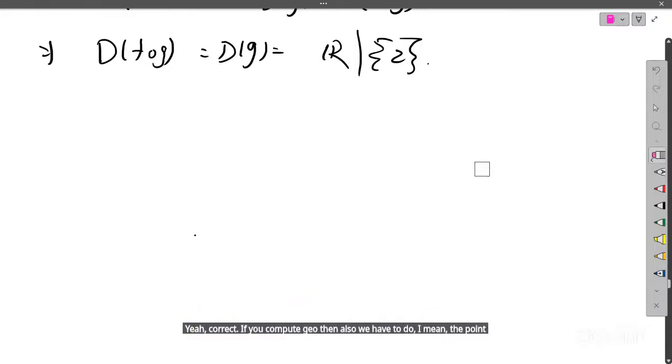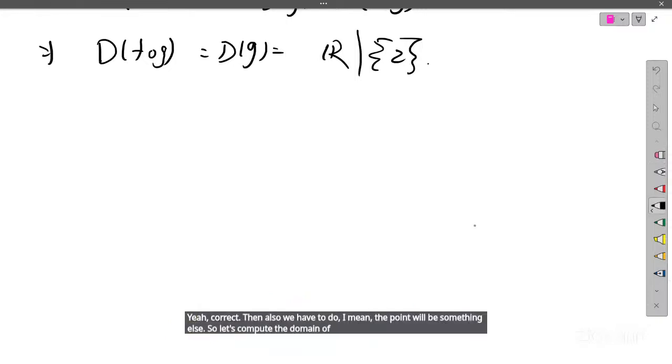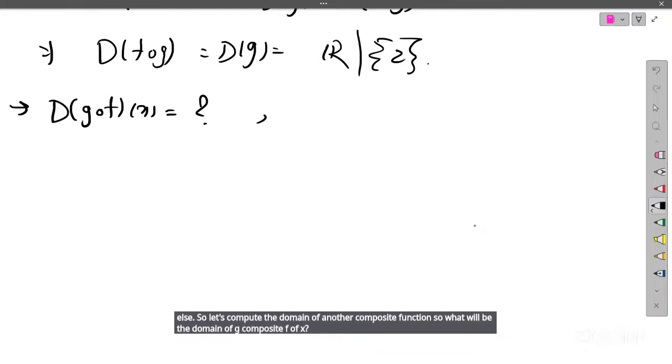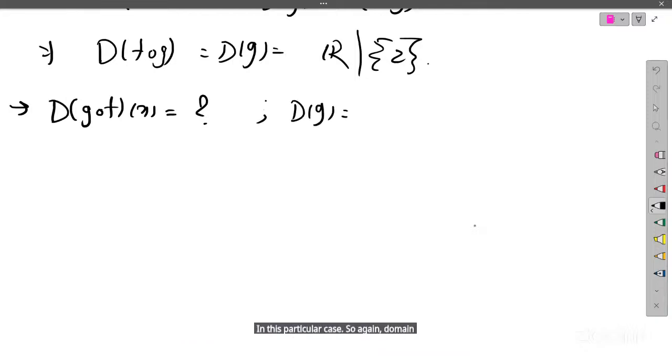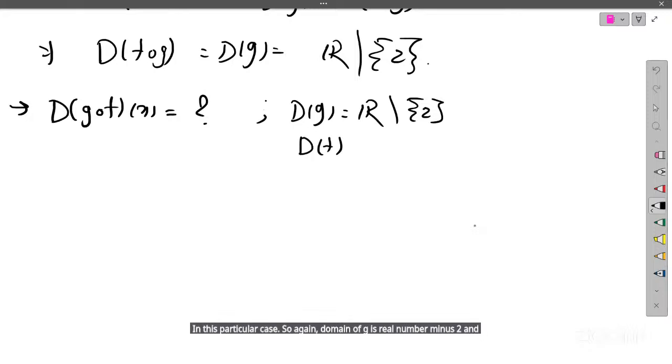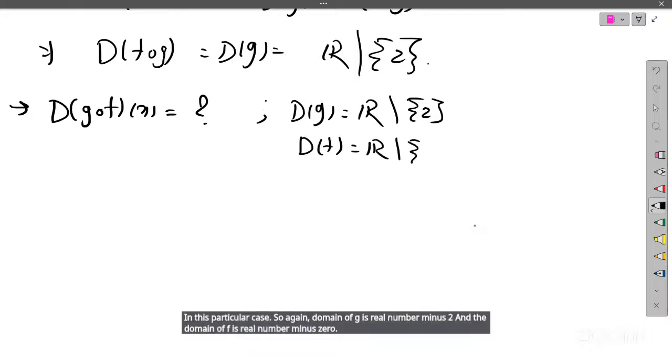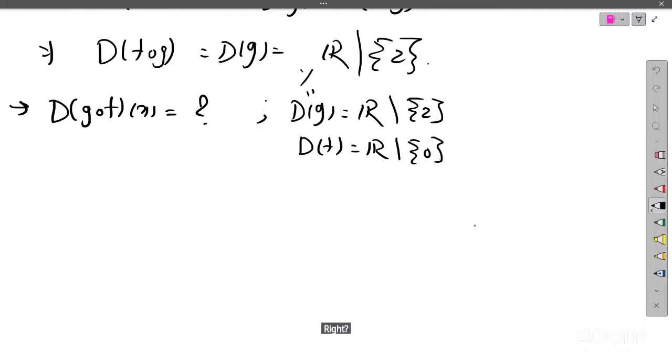If we compute g composite f, then the point will be something else. So let's compute the domain of another composite function. What will be the domain of g composite f of x in this particular case? Again, domain of g is real numbers minus 2 and domain of f is real numbers minus 0, right? Because g is 1 by x minus 2 and f is 1 by x.